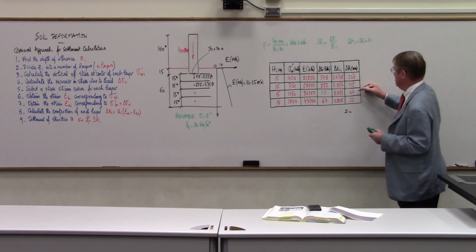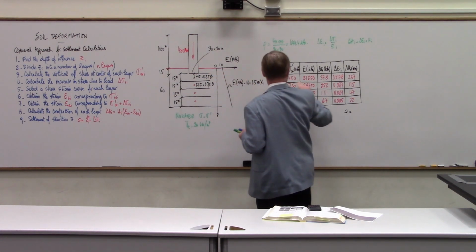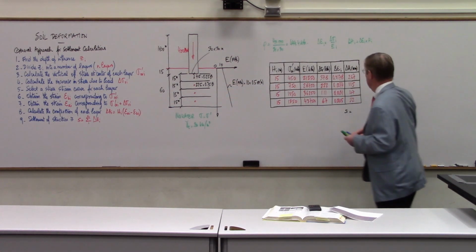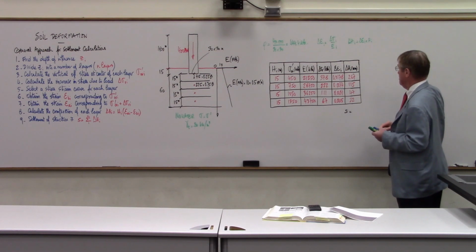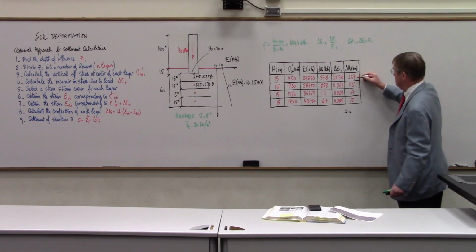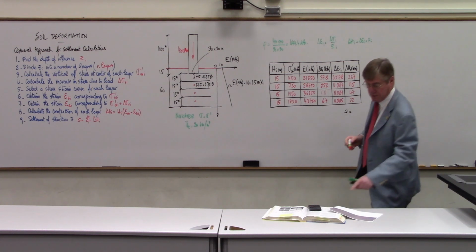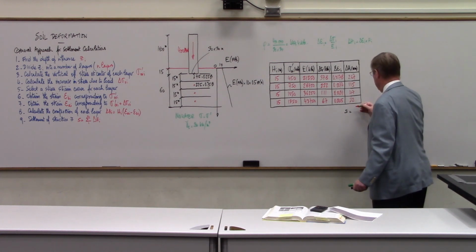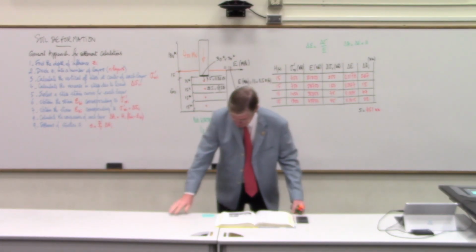So that's the compression of each one of the layers. The top one compresses a lot because the stress is high, and less and so on. And then the total, the movement of the building, the downward movement of the building, the settlement, will be the addition of all those numbers. And when I add that column, then I get down to 451 millimeters.